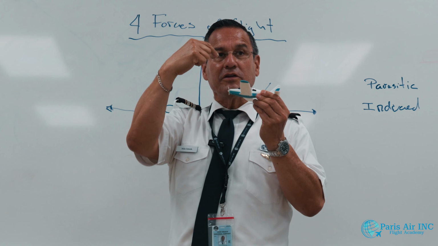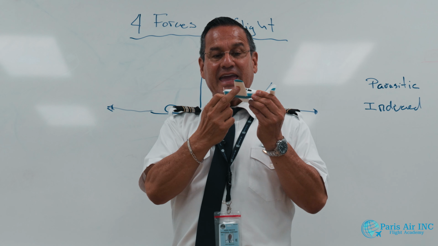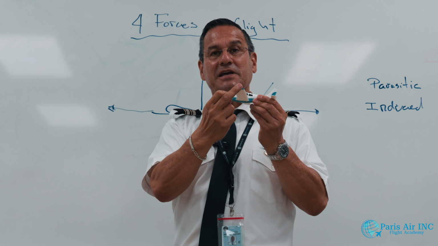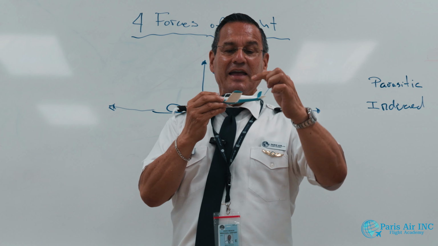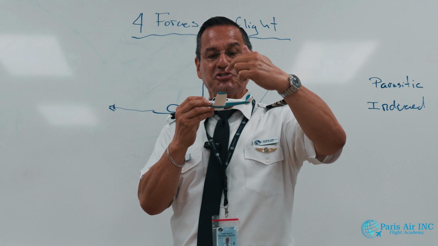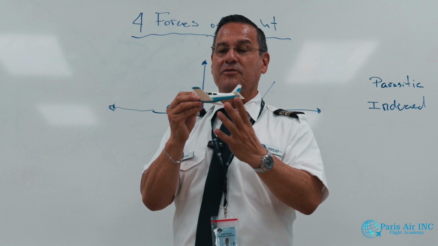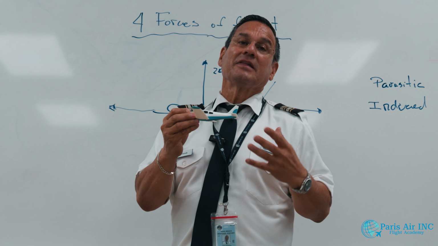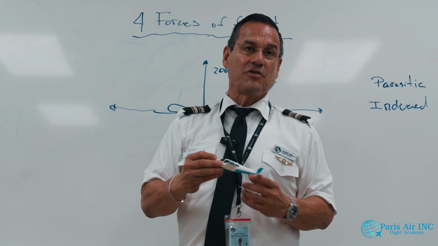Those pressures want to mix together, but they can't until they get to the wingtip. So at that point, I get a vortice. I get basically a churning that's taking place at either end of the wing. And that basically is what's producing my induced drag.